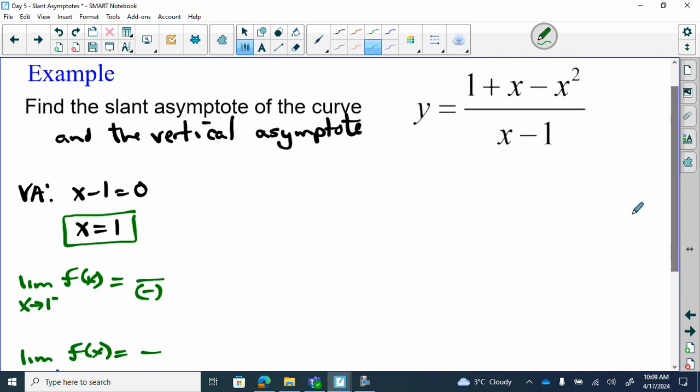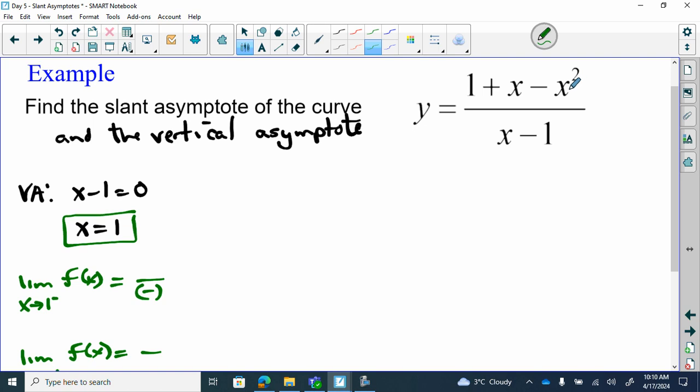Okay? It's a little more abstract figuring out the numerator. You don't have to figure out exactly what it is. You just want to know if it's positive or negative. But if you plug the 0.9 in there, what's 1 plus 0.9? 1.9. What about 0.9 times 0.9?